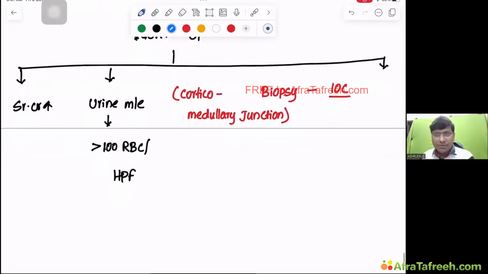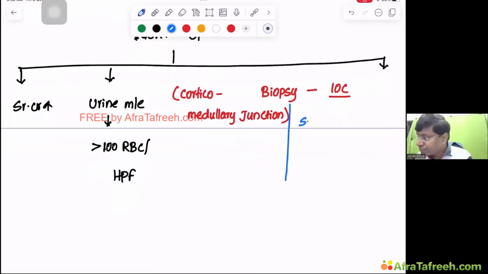Now because the lesions are present in the corticomedullary junction, if you do a superficial biopsy, the superficial biopsy will miss the diagnosis.